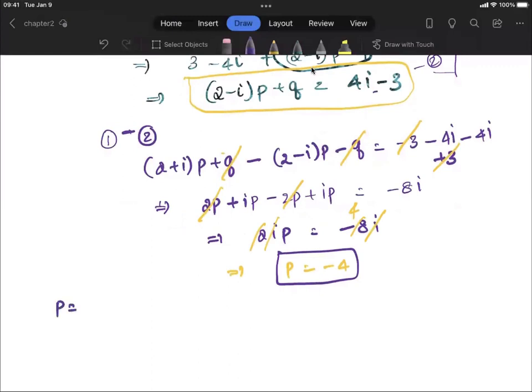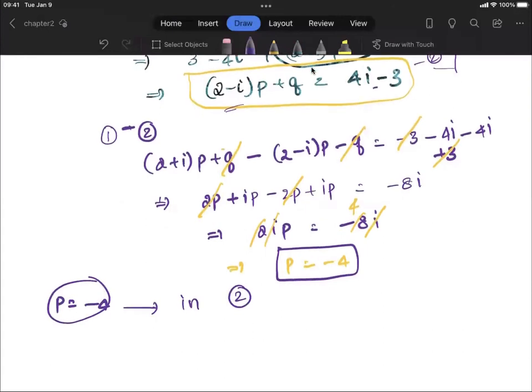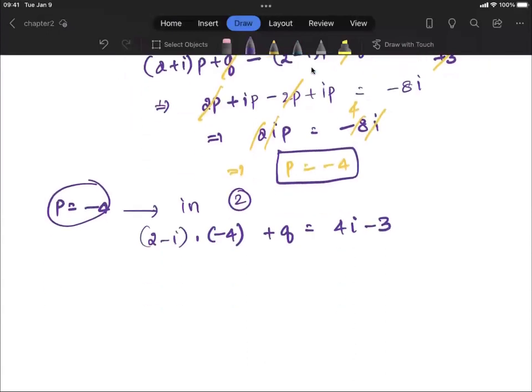Now I'm going to plug in p equals negative 4 in equation 1 or 2. I'm just going to plug it in 2 because I can see this readily on screen here. If I did that, it would be (2 minus i) times negative 4 plus q is equal to 4i minus 3.